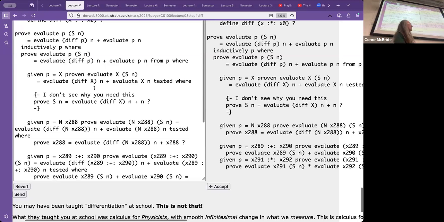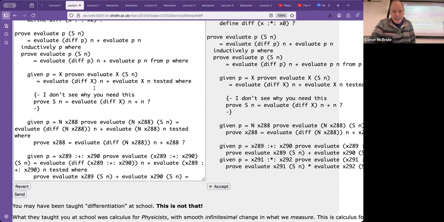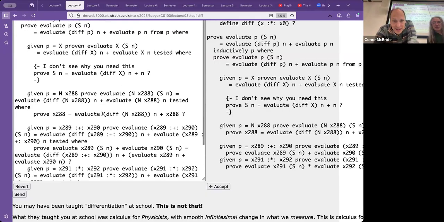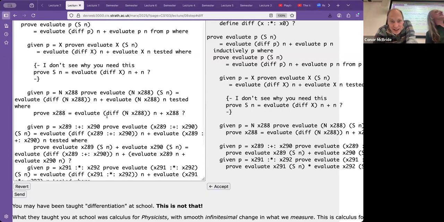So Clemens, you're doing the next one. Well, it's shocking. What number do you have to add to x288 to get x288? What is the difference between a constant?